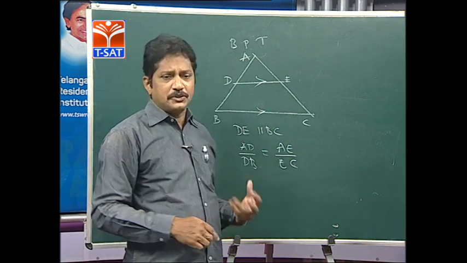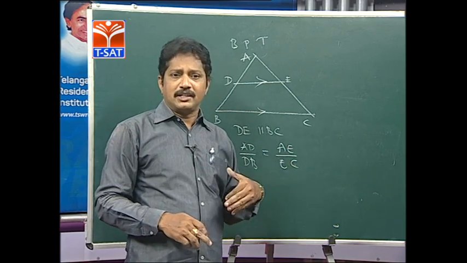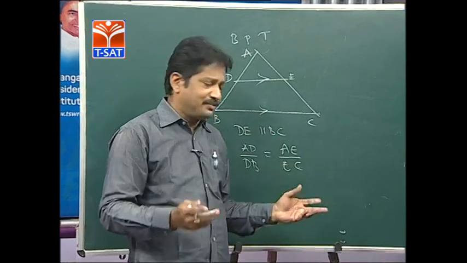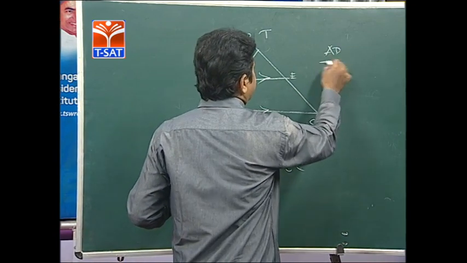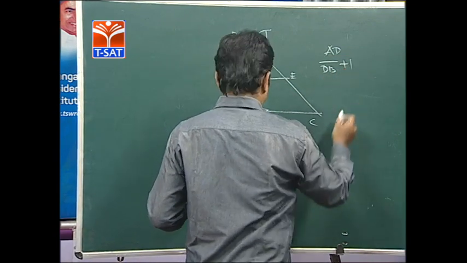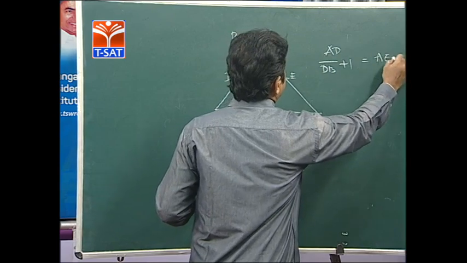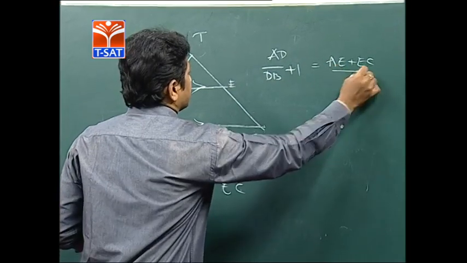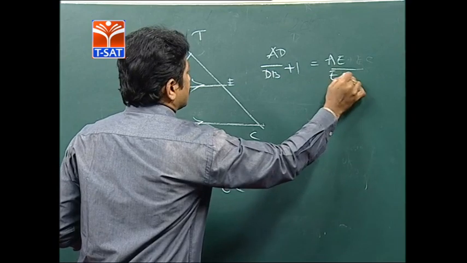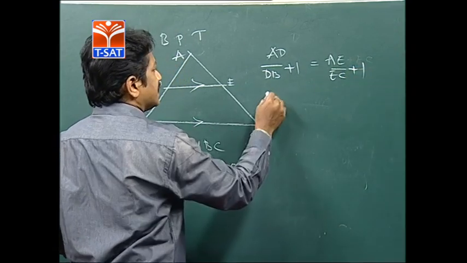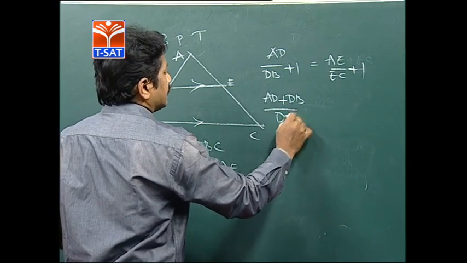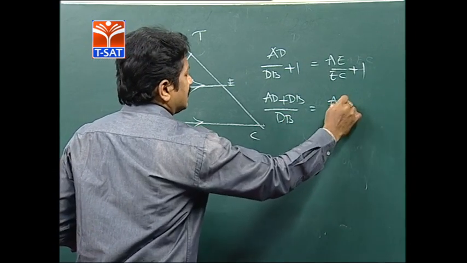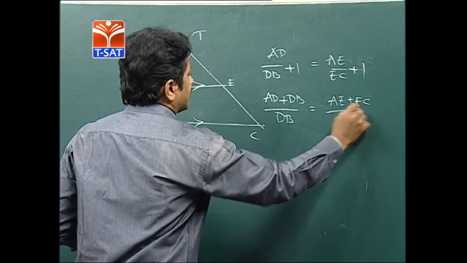From this, using componendo, by adding 1 to both sides, AD by DB plus 1 is equal to AE by EC plus 1. Then AD plus DB by DB is equal to AE plus EC by EC.